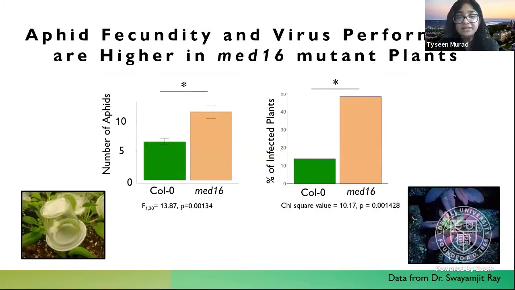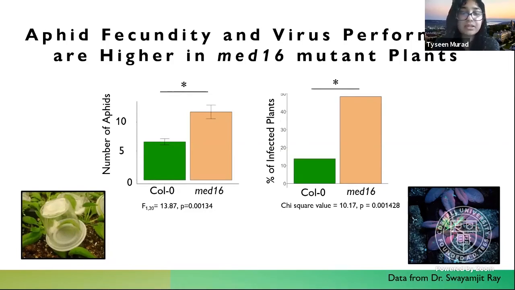So to bring everything back full circle, my mentor also got this data by doing further bioassays in which he investigated how aphid fecundity and bioperformance change in MED16 mutant plants. And what we found was that aphid fecundity was actually higher in the MED16 mutant plants, as well as the percent of infected plants.